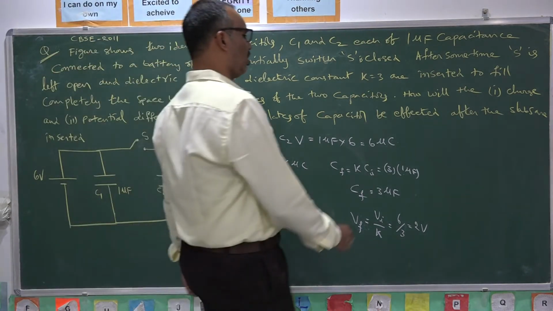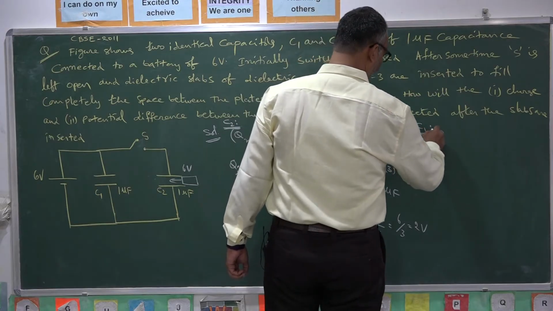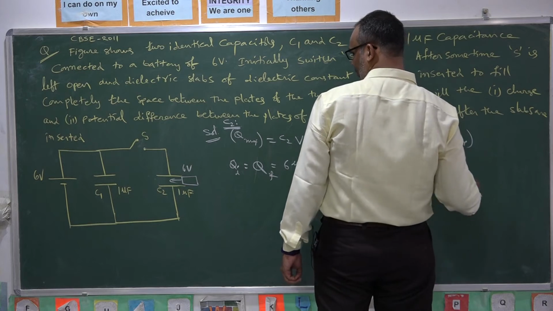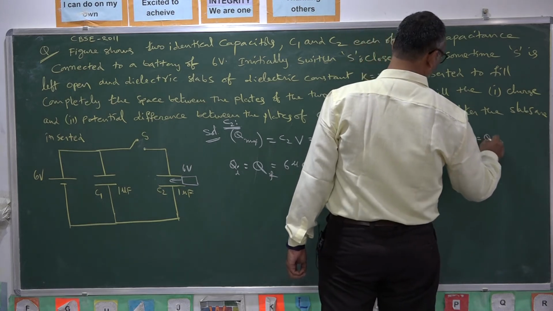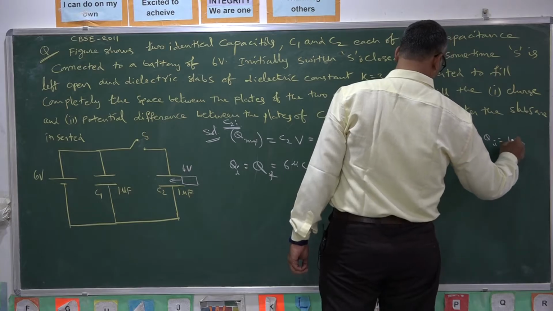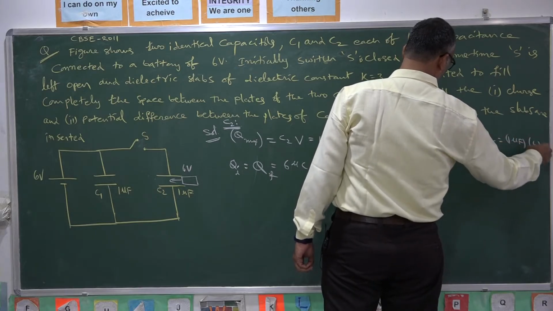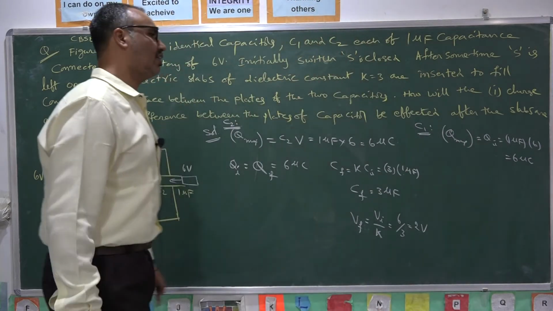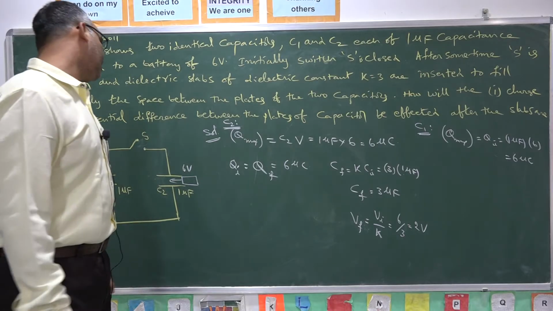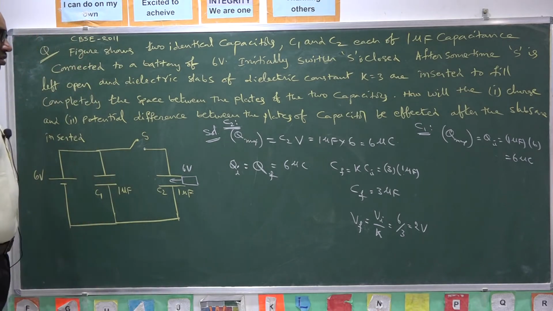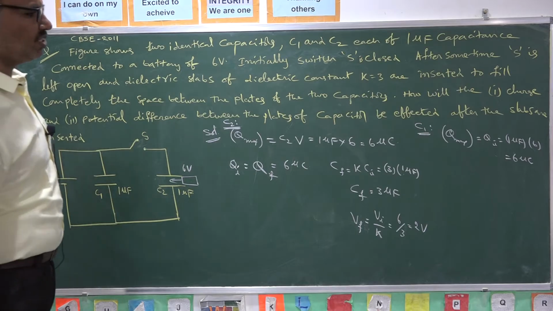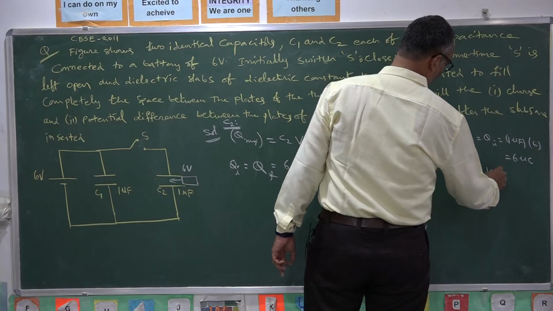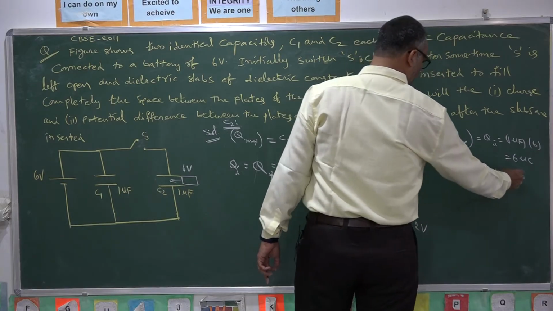Similarly, if I talk about C1, the maximum charge that can be stored is the same. Q initial is initial capacitance 1 microfarad into 6 volts, that is 6 microcoulomb, the initial charge before insertion of the dielectric. After insertion of dielectric, capacitance again increases to K times the initial capacity, that is 3 microfarad.